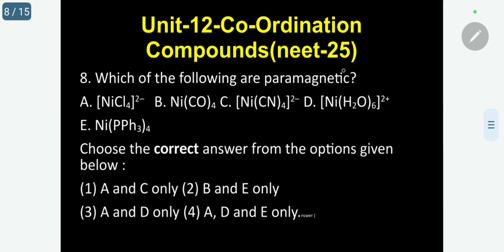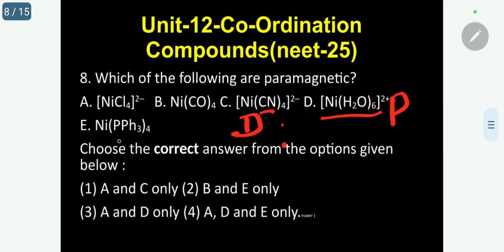The same way, for C, it is also a strong ligand, so it is also diamagnetic. The same explanation applies. When you go for a weak ligand, as in the case of A, this will also be paramagnetic. Same explanation.